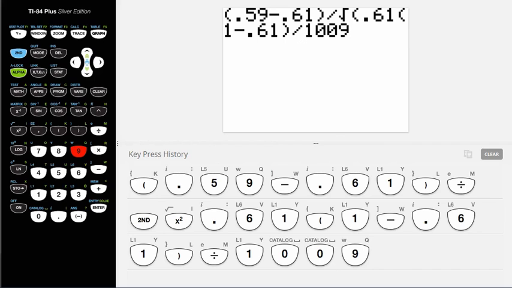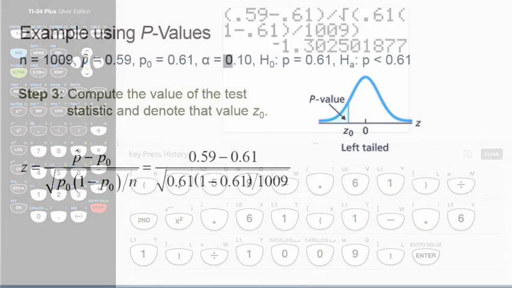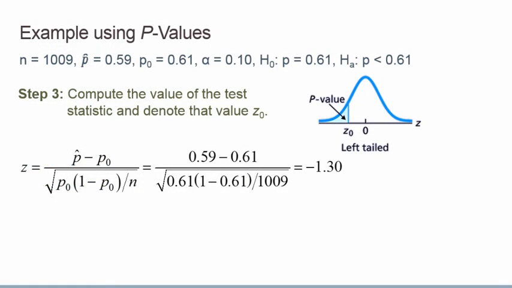I can either close my parenthesis or arrow right. Enter. Rounding to 2 decimal places, z equals negative 1.30. The test statistic is z equals negative 1.30.